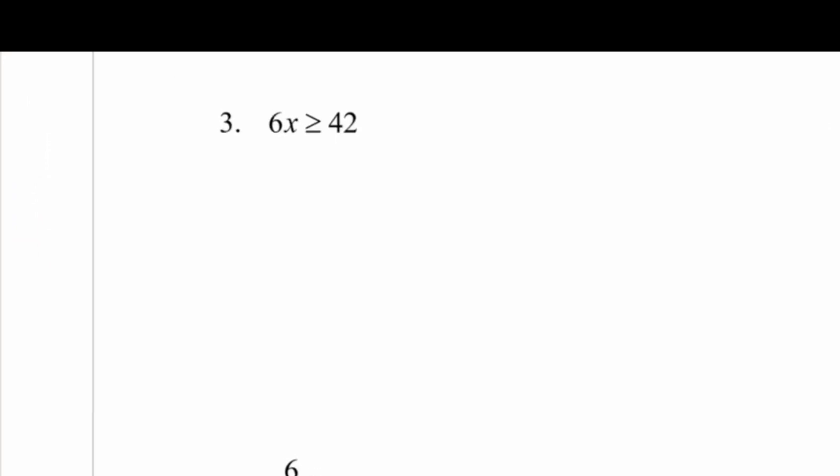So here in our first problem, we have 6x is greater than or equal to 42. We want to isolate x and then give the solution in interval notation. And so we're going to have to divide both sides of this inequality by a positive 6.